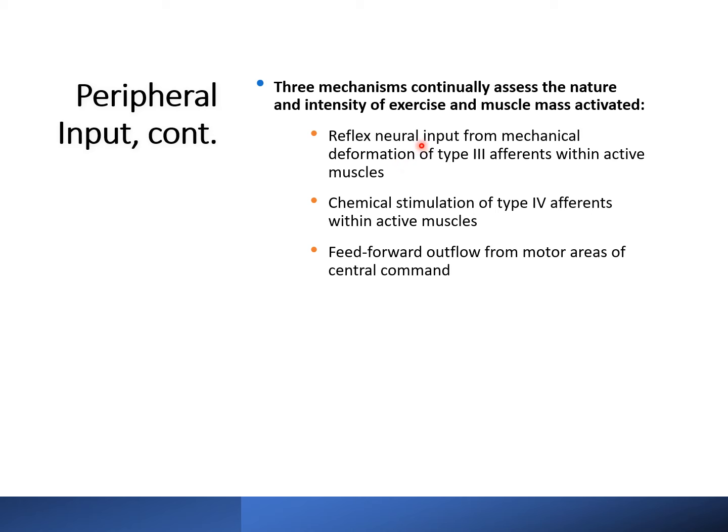It sends a neural response back up to the brain to tell it that it is changing shape. When that muscle is flexing and relaxing, it sends that signal up to the brain to say, there's a difference in activity, I might need to activate more muscle mass there.